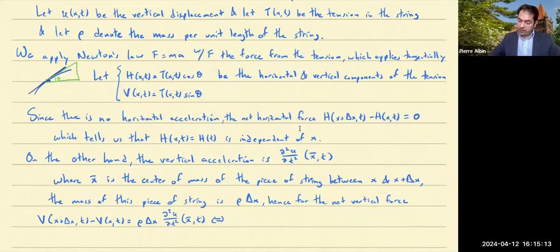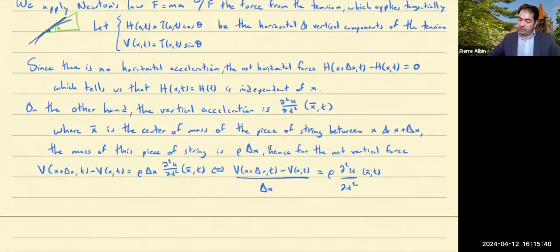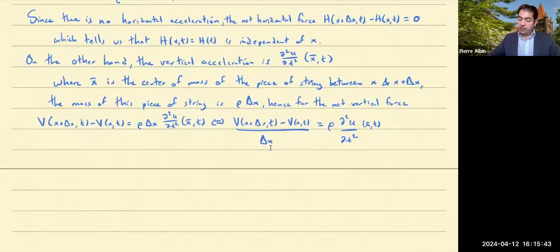If we put the delta x on the left-hand side, then this takes the very suggestive form where the left-hand side looks like the limit you need to take to get a derivative.